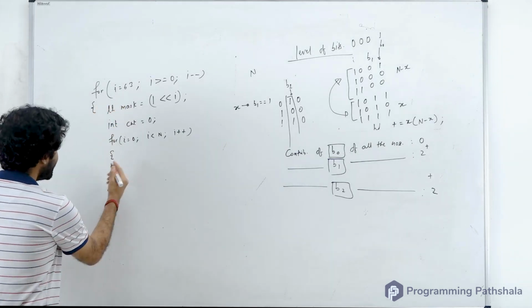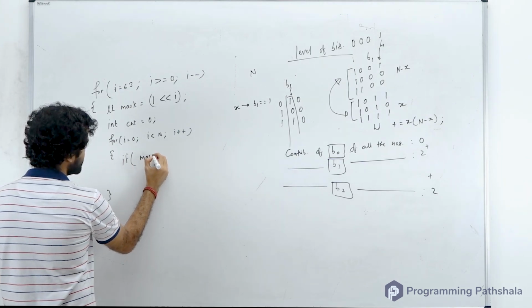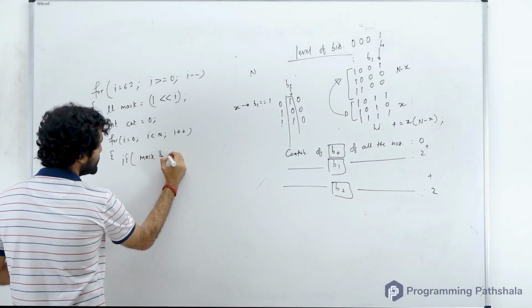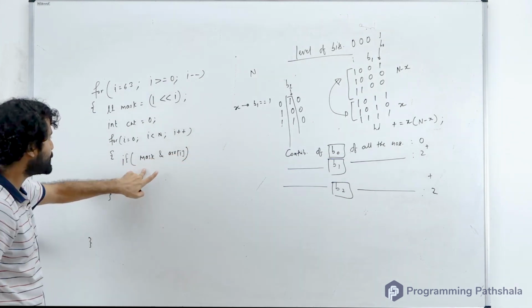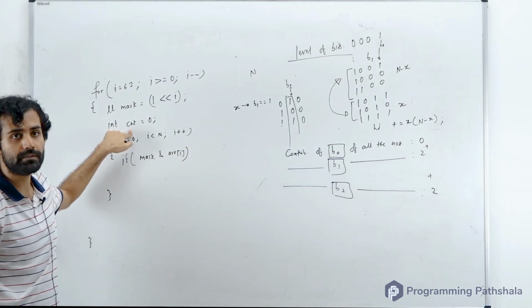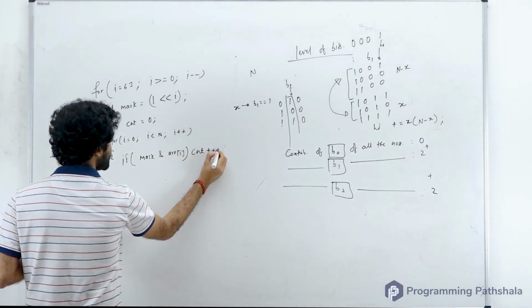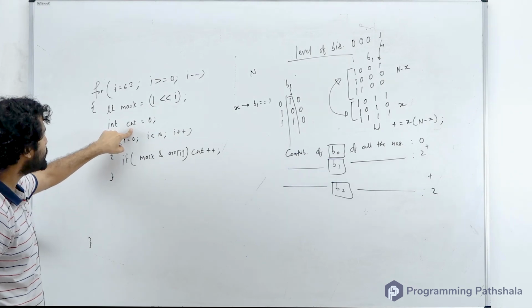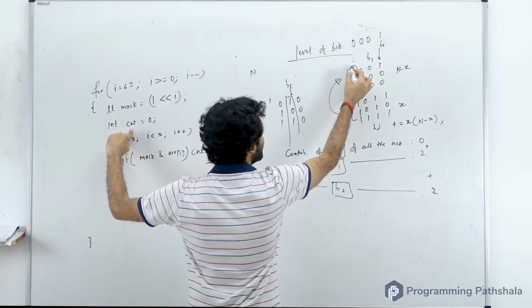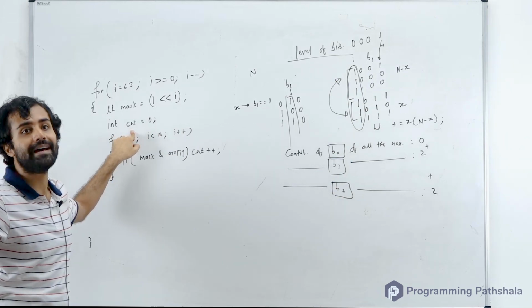So how do I detect that? If I see that mask bitwise AND with array[i] is non-zero, what should I do? Should I change my count? Yes, I must change it. And what should it become? Count plus plus. Once this loop is over, this count would contain how many numbers have bit value 1 at bi.